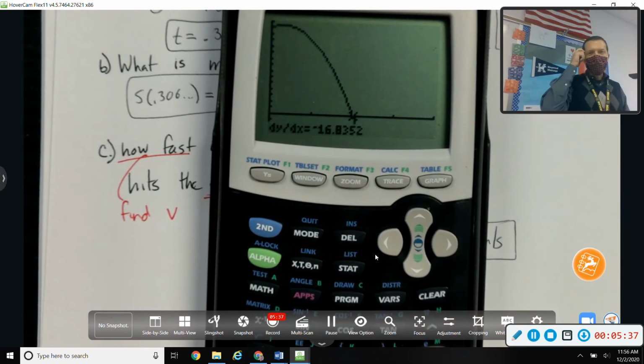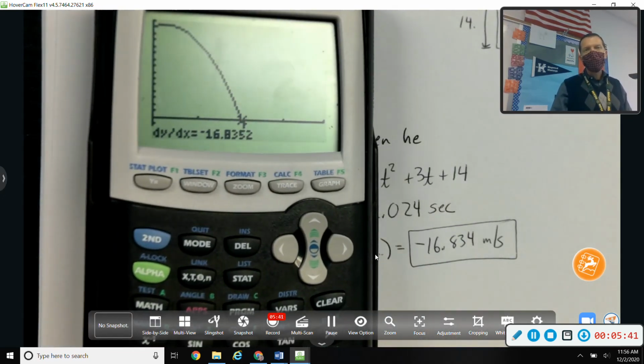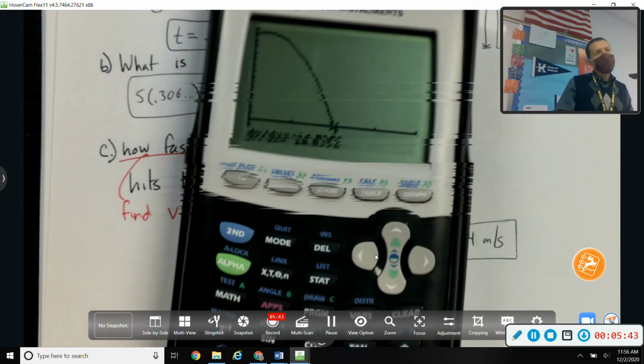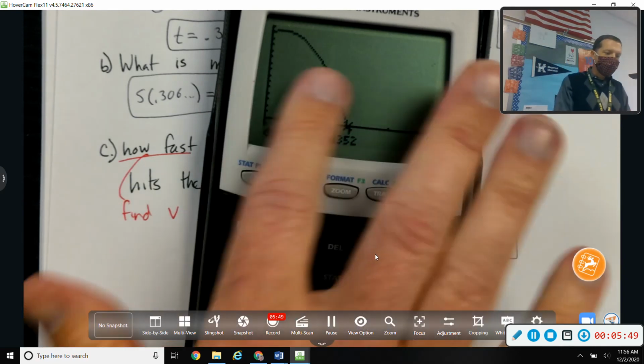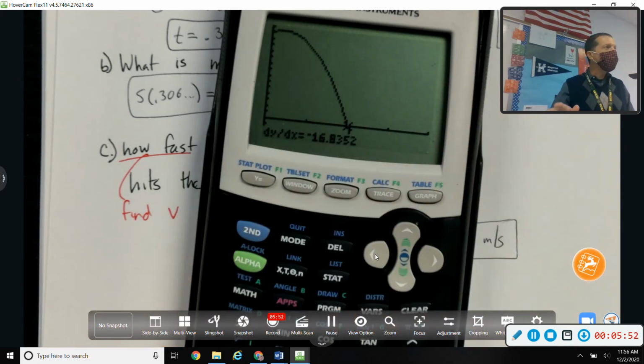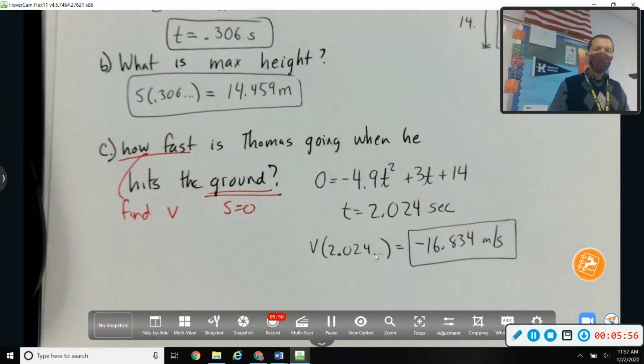And there's the derivative, negative 16.835, which was the right answer. So your calculator can find a derivative at certain points, and that's why you get a calculator. That's not cheating, I know that. The AP Test knows that. They expect that you can use that on the calculator part of the test.